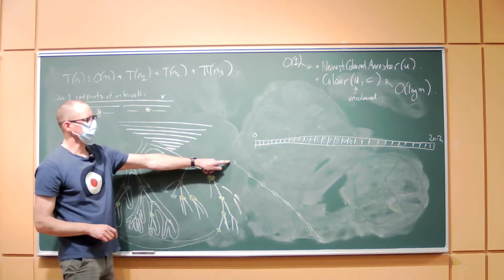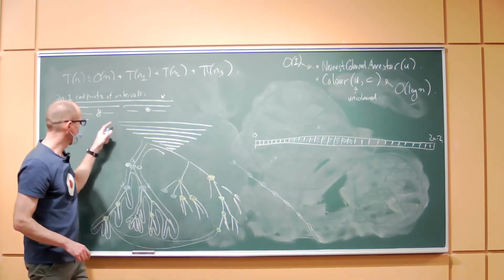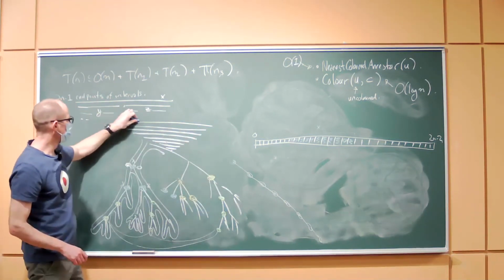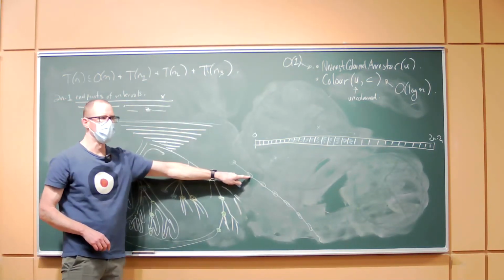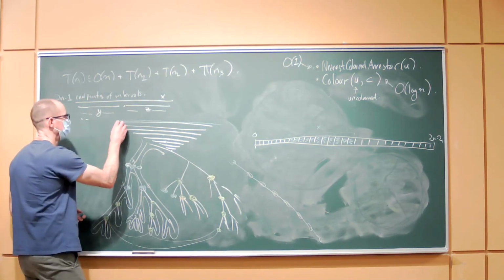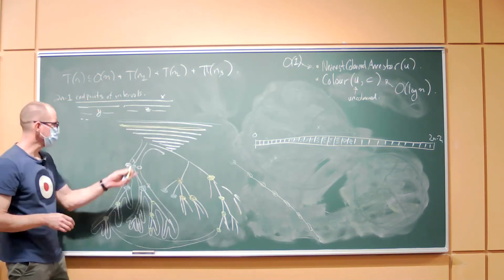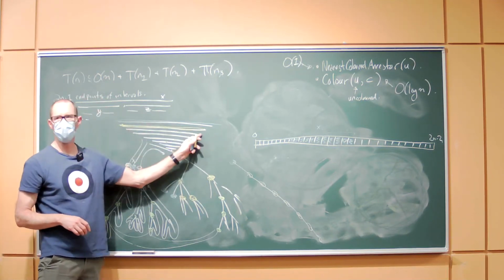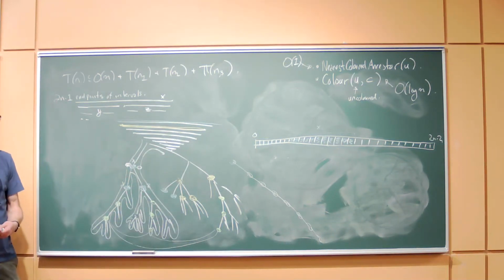So if I ask you to color this node, then that's this interval. So you have to color the whole array. And if I ask you to color this node next, which can happen, that's this thing. So now you have to recolor everything except two values in the array. And then the next one is going to require everything except four values and so on. So that looks quadratic.